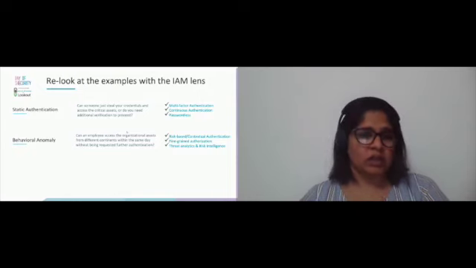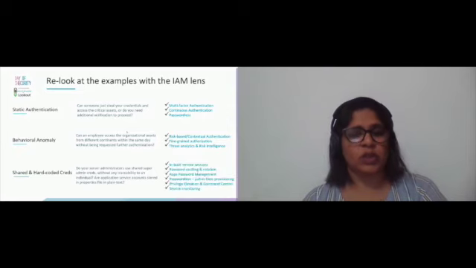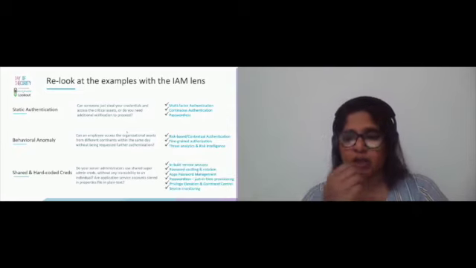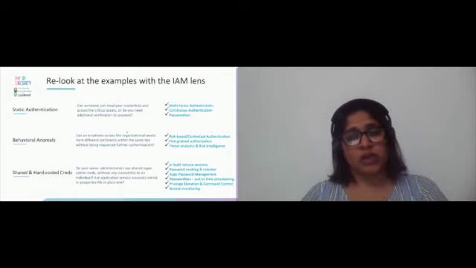Shared and hard-coded credentials, and this is where your entire PAM solution or privileged access management solutions come into the picture, right? Something that I was not aware of, and that's a new domain for me that I learned about recently, and I was like, wow, is this even possible, right?